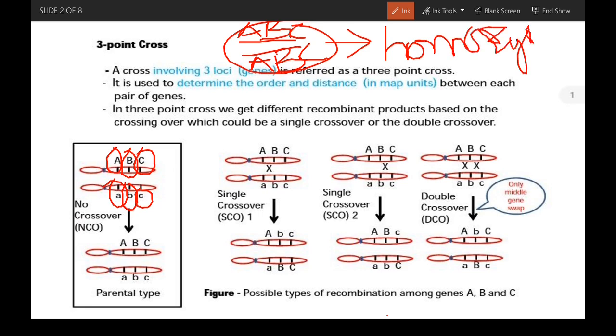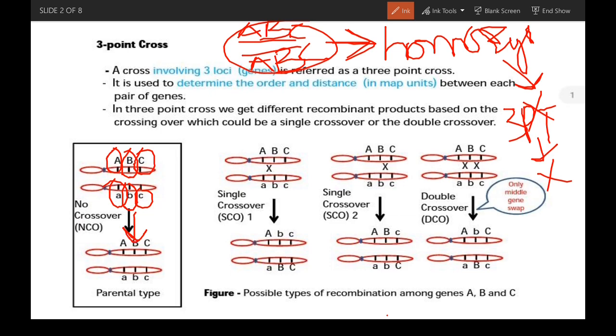But in such a homozygous condition, a 3-point test cross could not be done. That is because we need heterozygosity to see whether recombination has occurred or not, right?